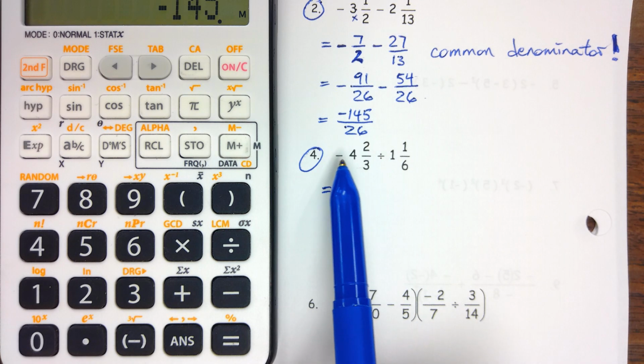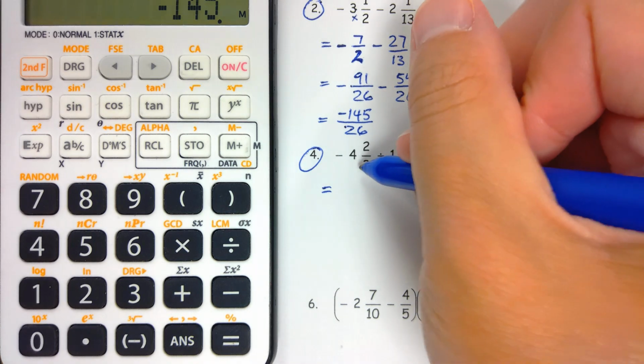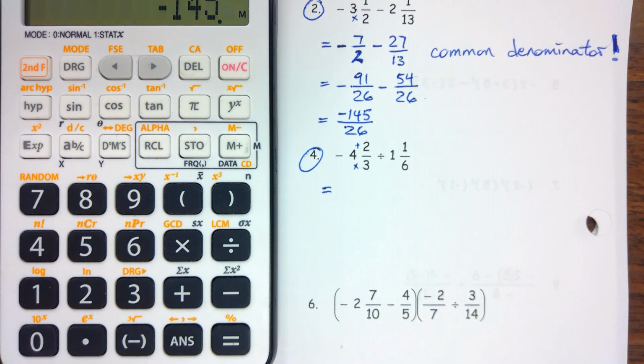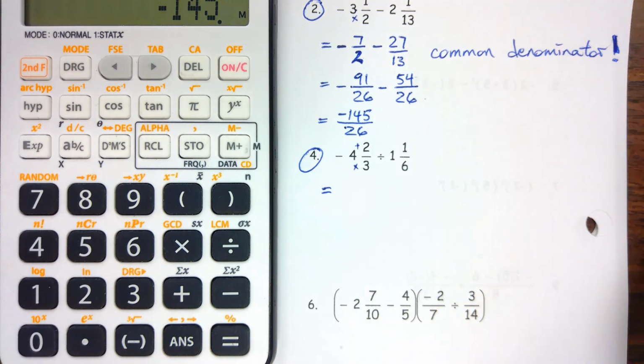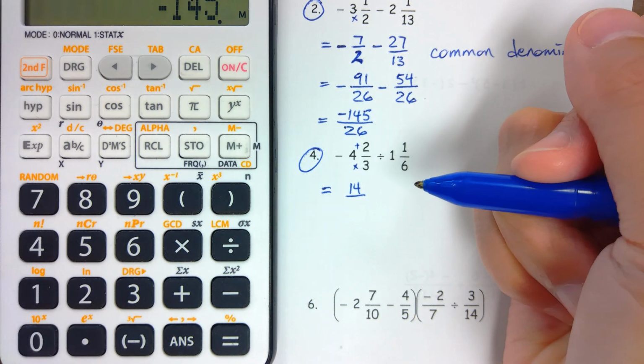Now Reed, can you help me with this one? Can I change it to an improper fraction? Yeah. So 3 times 4, plus 2, which is 14. Good. So what do I write? 14 over 3.